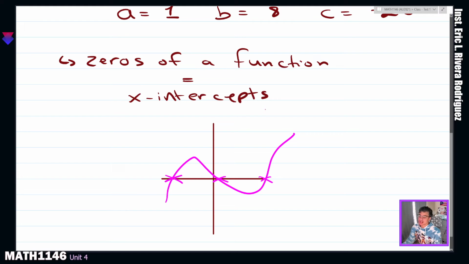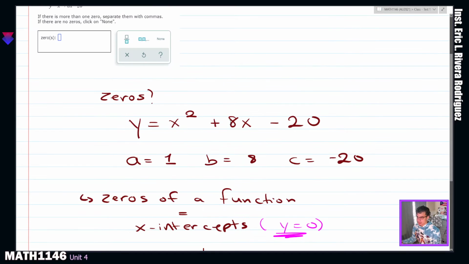What is important about an x-intercept? Well, we do not know here exactly what the x value is, but we know that at every x-intercept, the y value is always equal to 0. That is what we are going to use, because what we have is the equation of the quadratic function, and we are going to look for the zeros, or the x-intercepts. So what are the zeros of this equation?